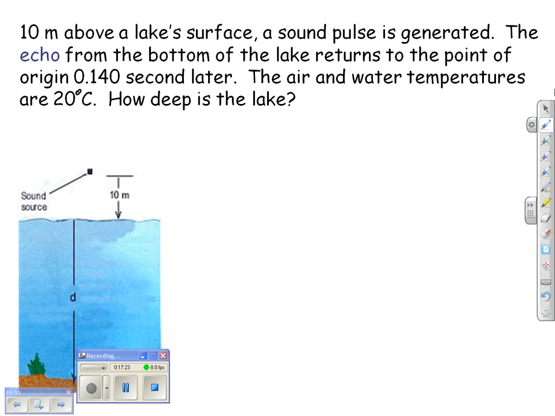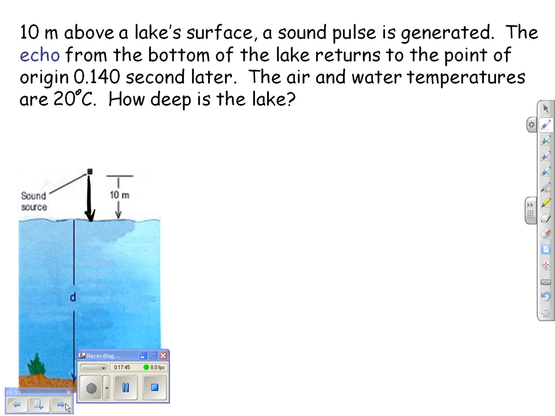Okay, depth is a length measurement, yes? Okay, the issue here is the sound is above the lake water. It's generated above there, yes? 10 meters. So we already know that the speed of sound in air is different than the speed of sound in water, correct?